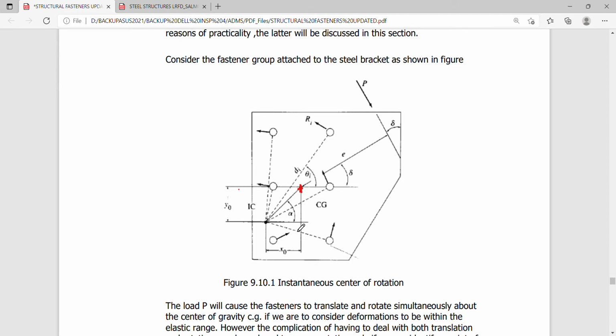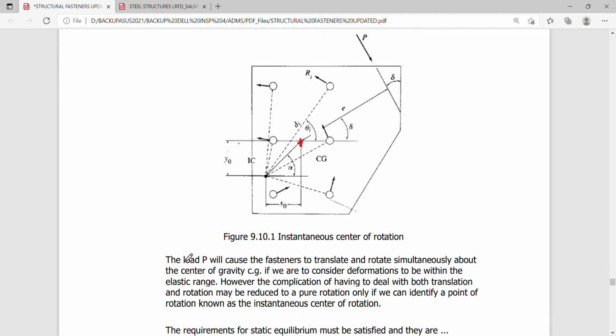For this particular analysis, the load P, which is of course eccentrically loaded and arbitrarily oriented, will cause the fasteners or the bolts to translate and rotate at the same time, simultaneously about the center of gravity, CG.